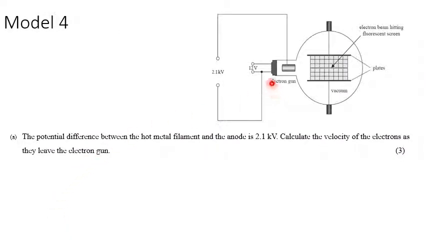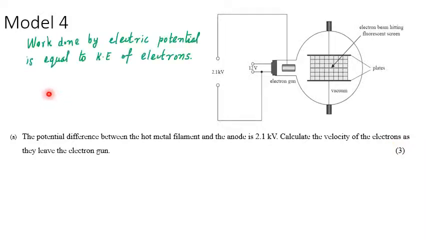This question is about an electron gun. In an electron gun, electrons are accelerated with the help of a positively charged metal plate. So here they are asking you, when electrons are fired from this gun, what would be the velocity of them? To do this kind of question, we have to use this information.